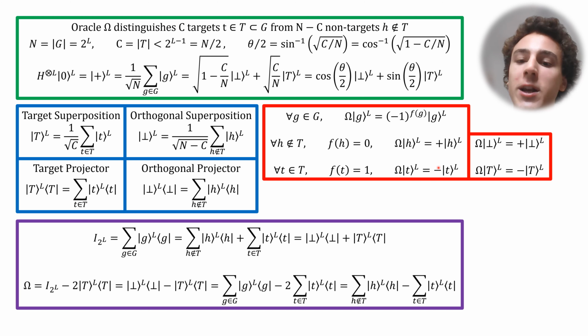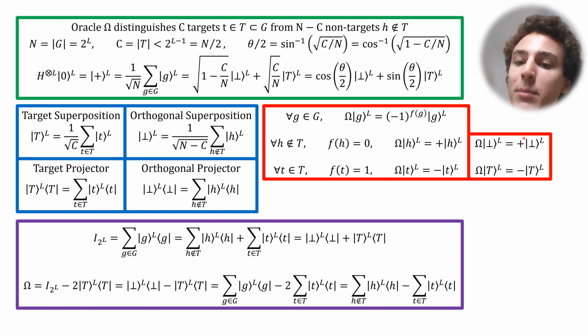So how would the oracle act on the orthogonal superposition and the target superposition? Well, the orthogonal superposition only contains these non-target states. That means we're just going to have a plus sign over here. So there's not going to be any minus signs introduced. But the target superposition contains all of the target states, and they're all going to get marked with a minus sign.